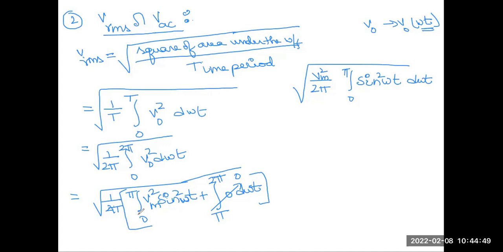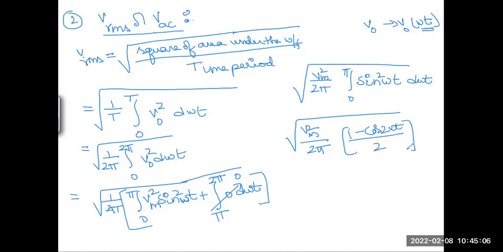Vm squared by 2 pi. What is it? 1 minus cos 2 omega t by 2, under the limits 0 to pi.